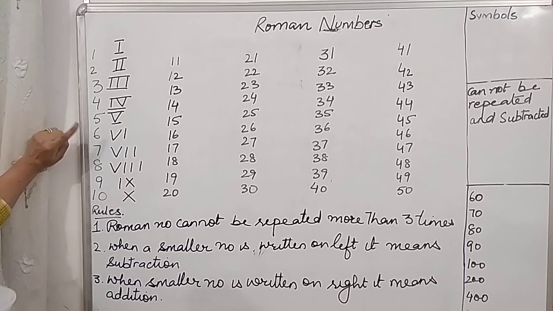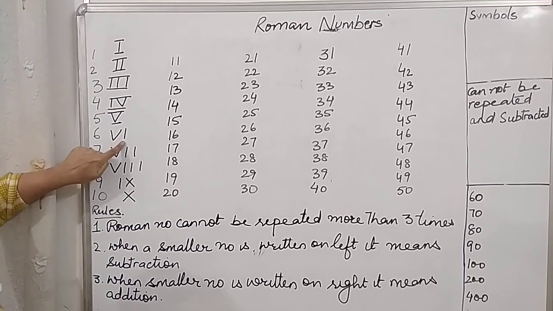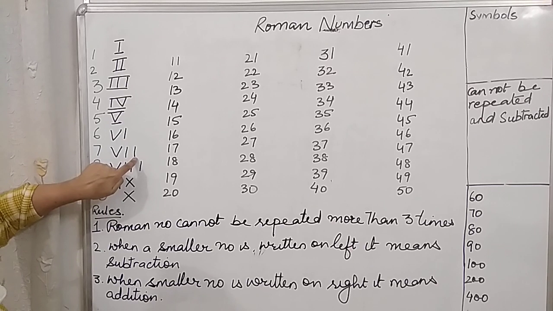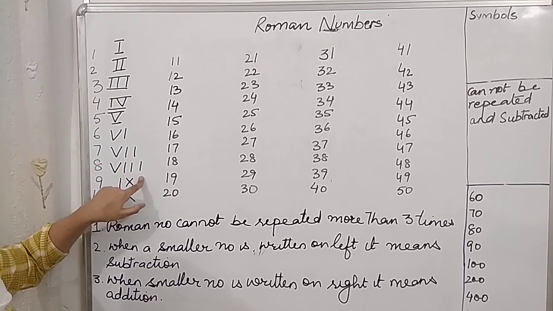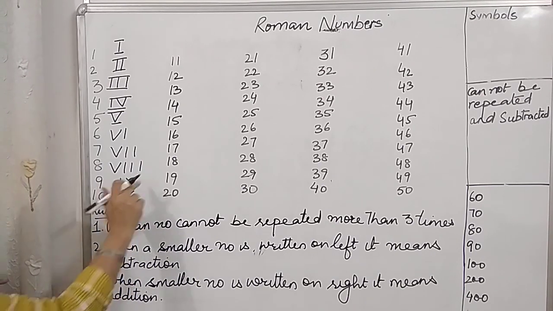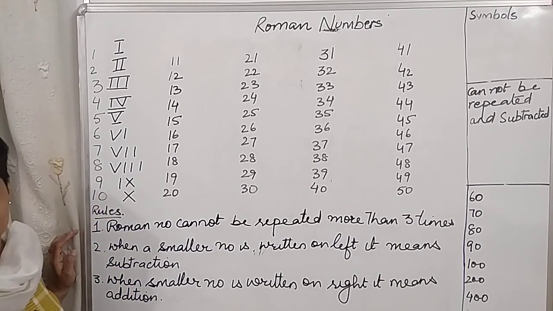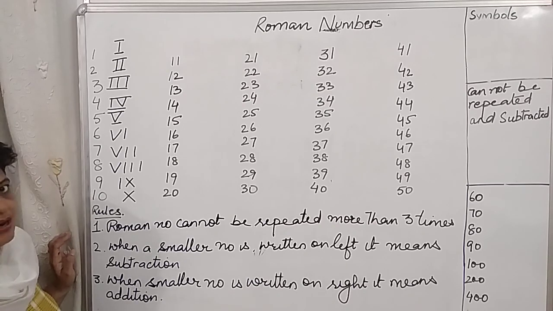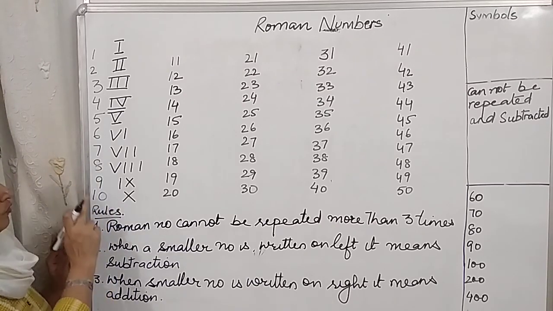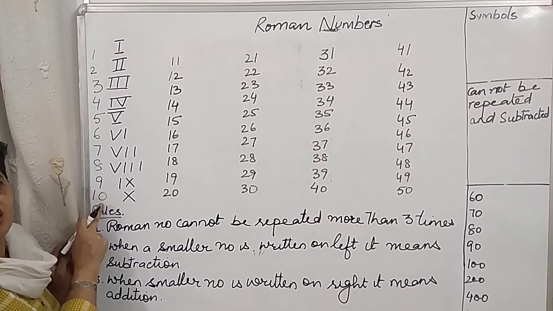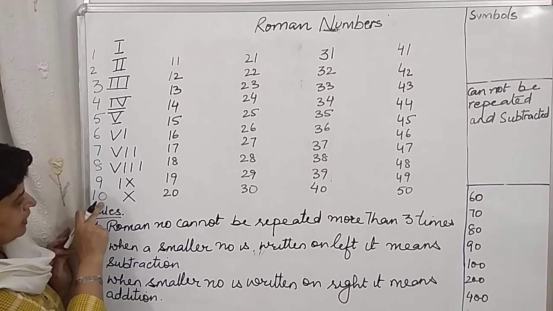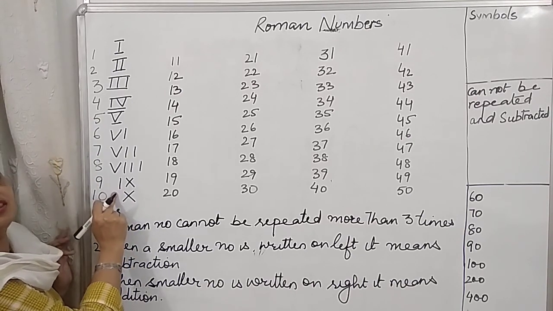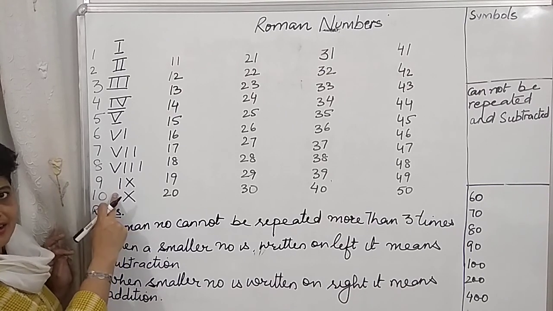Simple. Now, 5 plus 1, 6. 5 plus 2, 7. 5 plus 3, 8. Again, I is repeated 3 times, so it has reached its maximum limit. That is why we had to look for another symbol for 10. So, we did not think of a symbol for 9. We thought of 10. And we wrote I on the left of X, which meant 9.